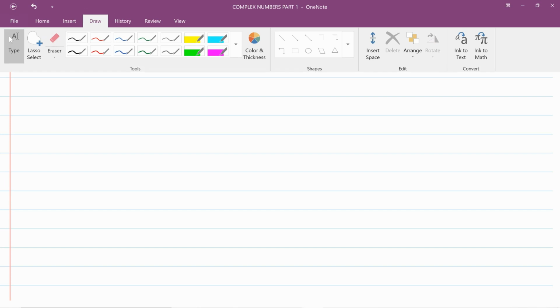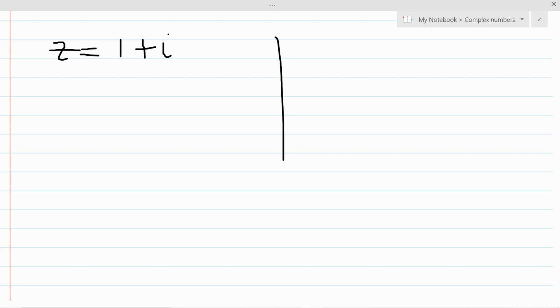So if I have a complex number, say z being equal to 1 plus i, and you want to know the actual angle that it is making with the positive x-axis, or the positive real axis. So this is the angle that it is making with this side, only this side, from here to here, that is the positive x-axis.